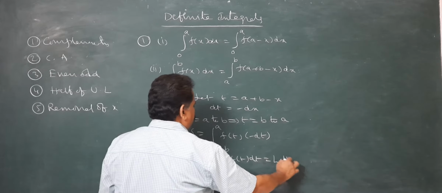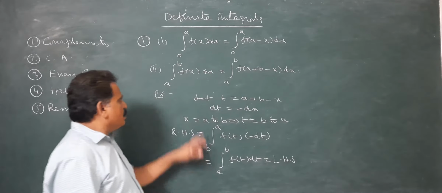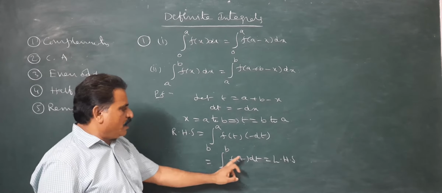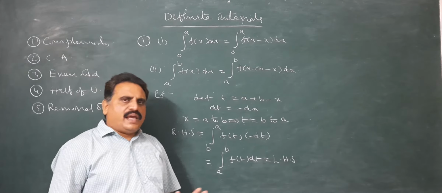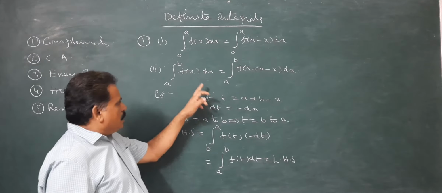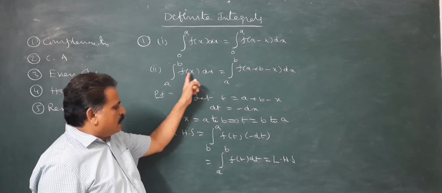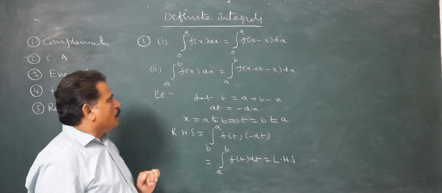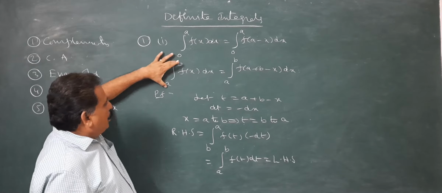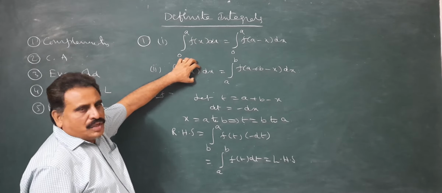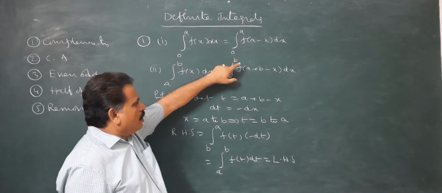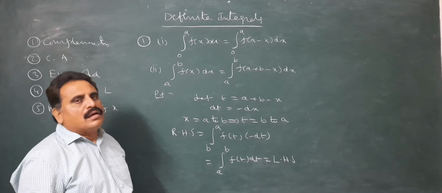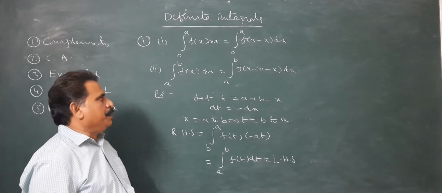That is the LHS; actually the LHS is the integral from a to b of f of x dx. Both are the same, because if you change x as t or t as x, we get the same value. So the integral from a to b of f of x dx can be changed to the integral from a to b of f of a plus b minus x dx. It is called the complementary property.